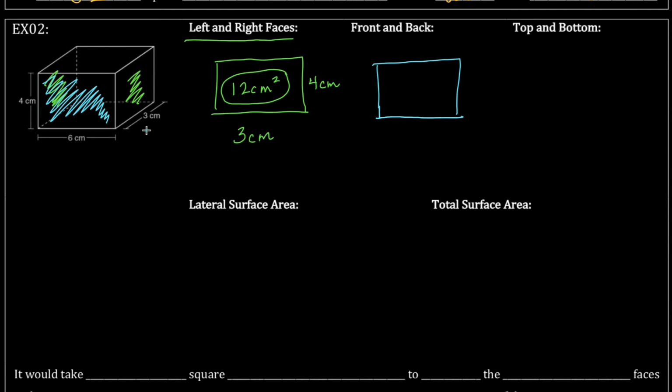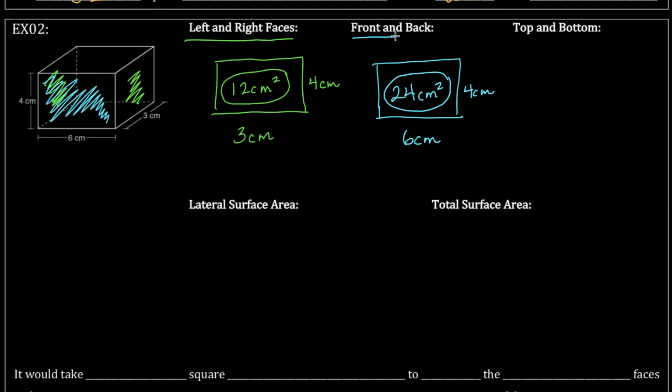So the base of this is 6 centimeters. And the height is 4 centimeters. So the area, the number of squares it takes to cover this face, or these faces, are 24 centimeters squared.